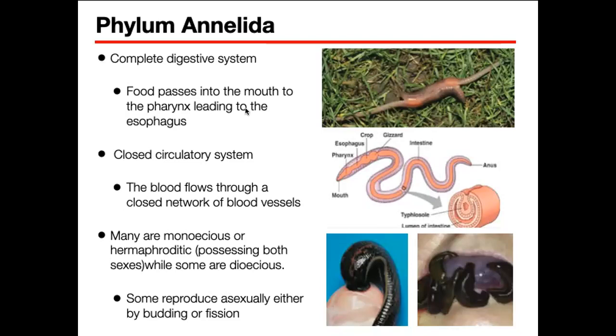And many are hermaphrodites, wherein they possess both sexes while some are dioecious, kung saan distinct yung male and female organs. Okay? And some, like in this example right here, this earthworm reproduce via budding, or fission, wherein one organism will later on become two. Okay?